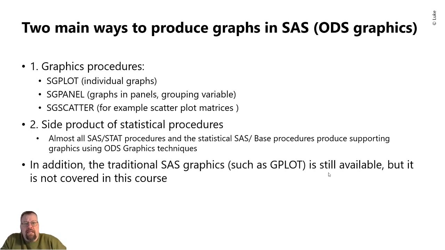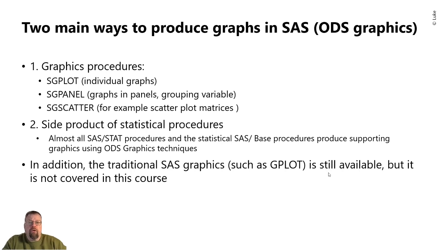The first one is the main procedure that produces individual graphs. The second one can produce most of the same graphic types, but using a paneled layout of the graphs. And then the third one is a specialized procedure for scatter plots, and for example, scatter plot matrices can be produced using that one.